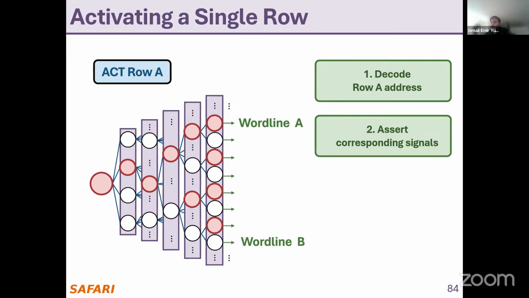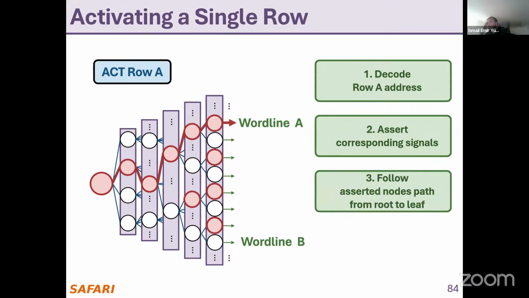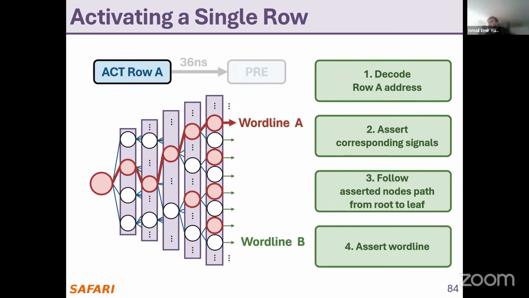For example, in stage 4 and stage 5, there are multiple nodes asserted due to this hierarchical design. We follow the asserted nodes' path from root to leaf, and we assert the word line. Then we wait long enough, and then we issue precharge, which deasserts the corresponding signals, and as a result, the word line is deasserted.